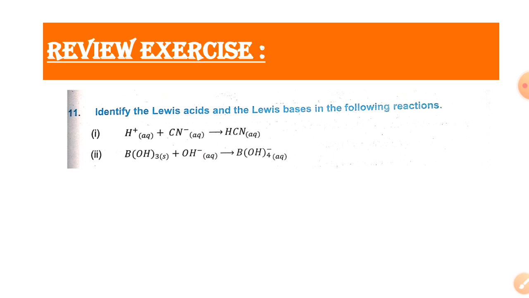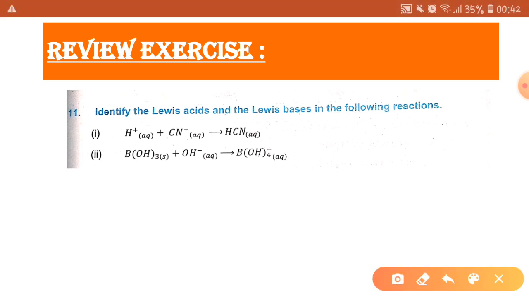Now identify the Lewis acids and the Lewis bases in the following reactions. You may see here that with the charge on each species, you can easily identify a certain substance as a Lewis acid or a Lewis base. For example, there is a positive charge on the hydrogen atom, so this means that it is an electron deficient species. So whatever species is electron deficient will be considered a Lewis acid.